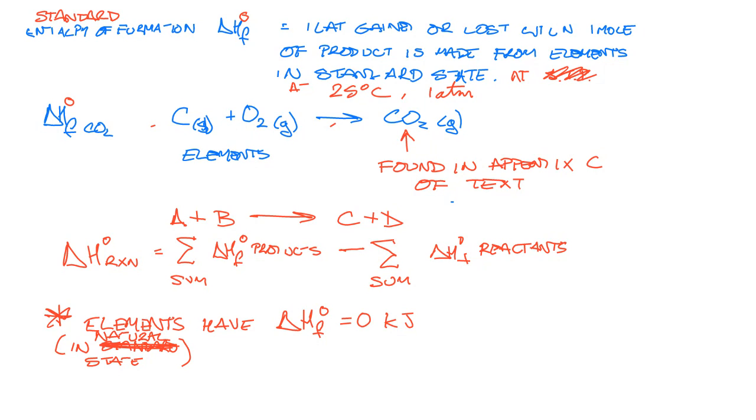So oxygen as a gas has an enthalpy of formation of 0, because you didn't have to try to make it. Nature already made it for you. You did not have to put any energy in or get any energy out by making the oxygen. It was already made. Okay?